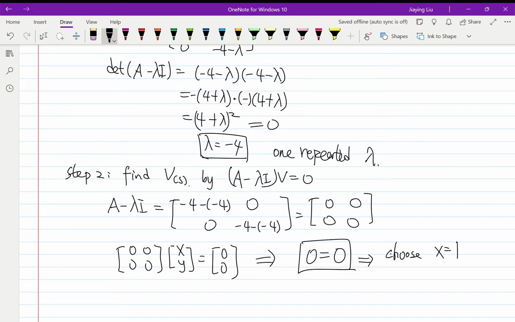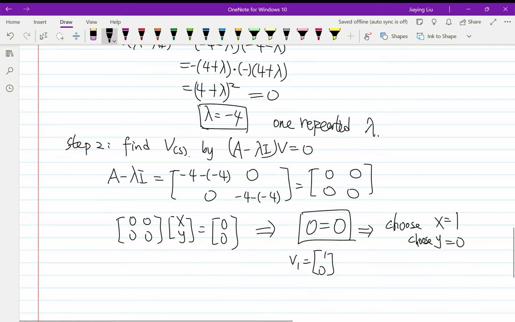But usually there's a small trick: if we have the freedom to choose both x and y, we pick one to be 1 and the other to be 0. Instead of 1, 1, we just have 1, 0. So choose y to be 0. Therefore, we have a vector v1 equal to (1, 0), probably the simplest vector we want.